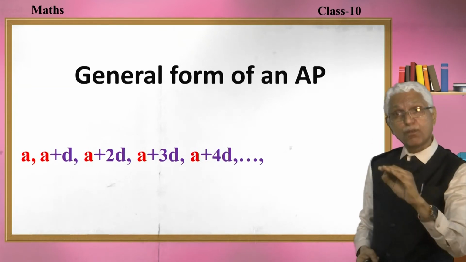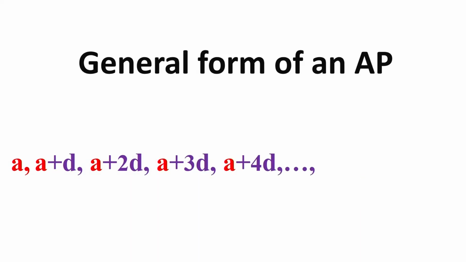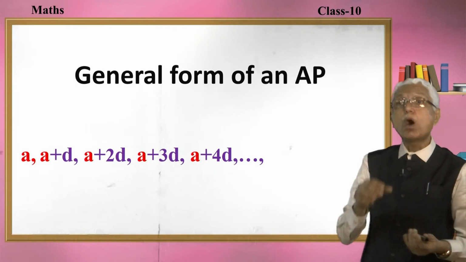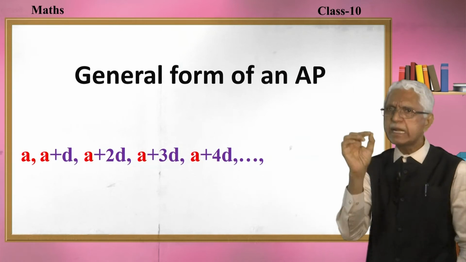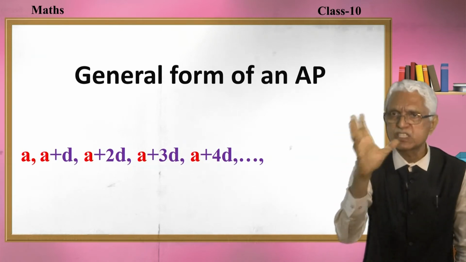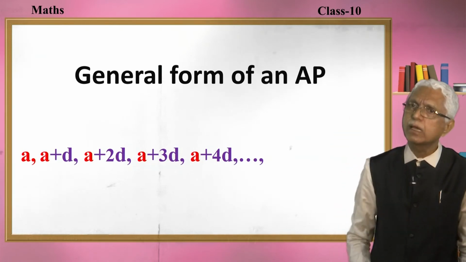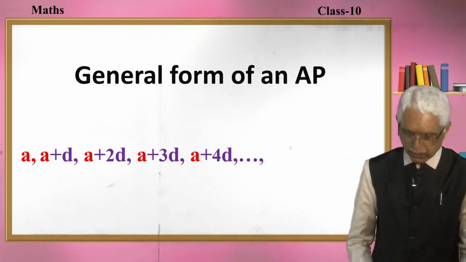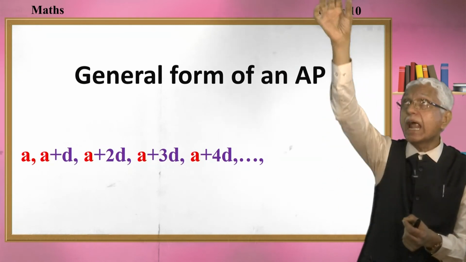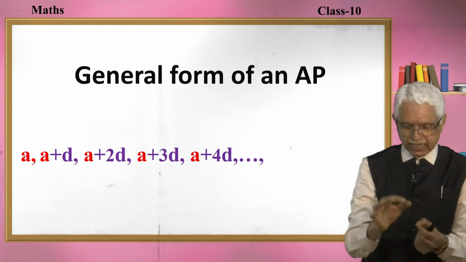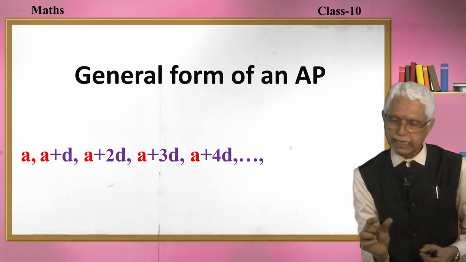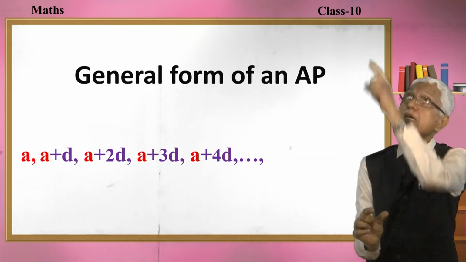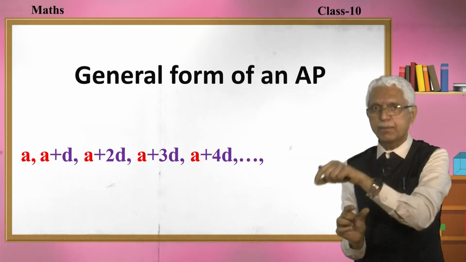Okay. Before we arrive at the formula, let us see what will be the general form of an arithmetic progression. Any arithmetic progression, you have to start with the first number, call it A. First term is denoted by A. To A, what will you do? You will add the common difference, A plus D, that is the second term. How will you get the third term? Add plus D, A plus 2D.